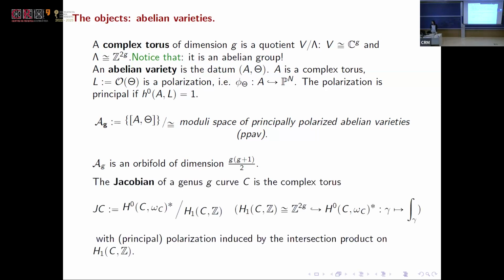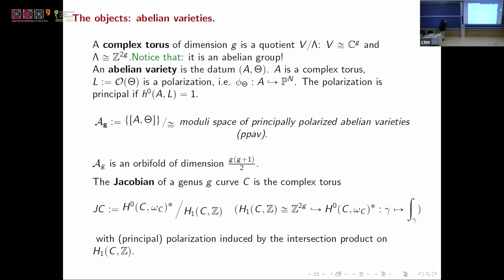A particular example of abelian variety is the Jacobian of a curve. We start from the curve and consider this vector space, which is a g-dimensional complex vector space. There is a lattice inside this vector space, using the fact that this is just the first homology group.